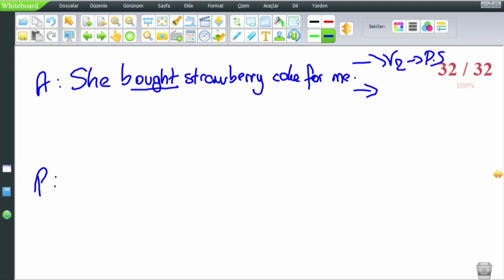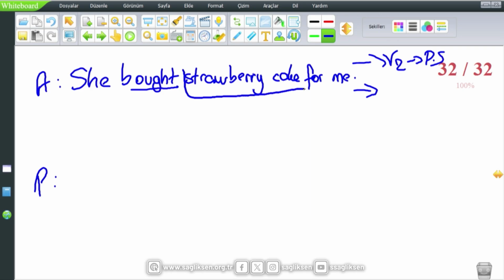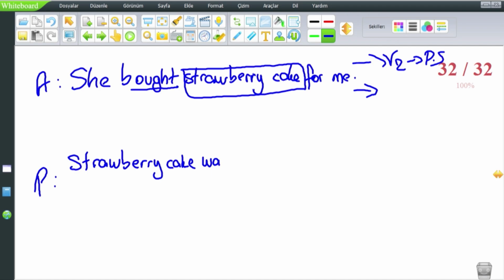Which word is affected by the verb? Strawberry cake. So I will write strawberry cake was bought for me by her.